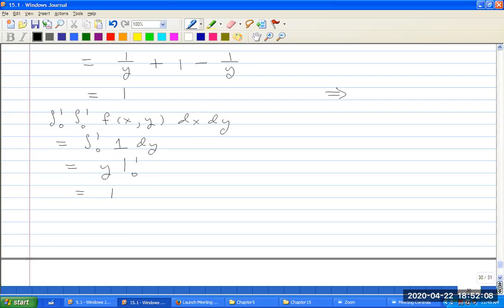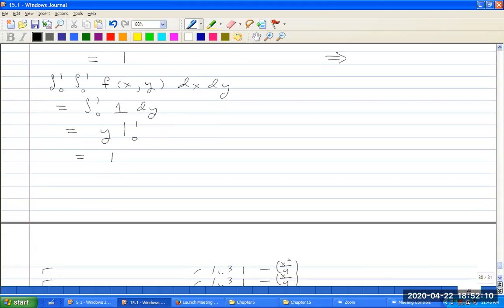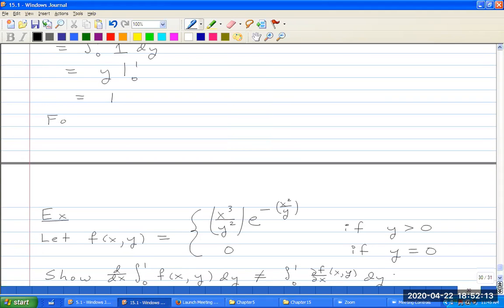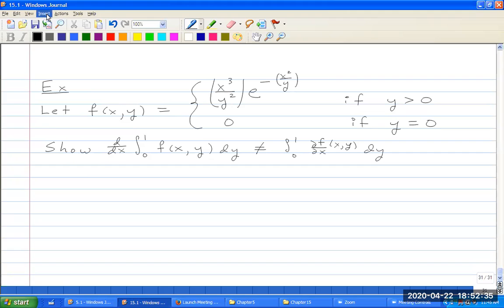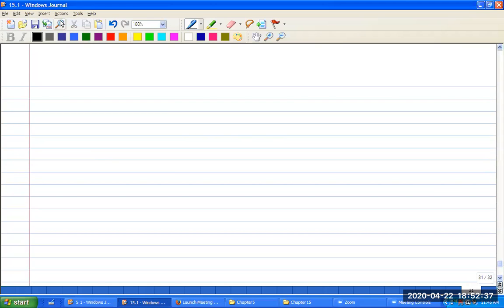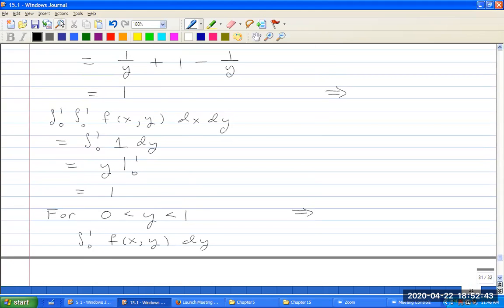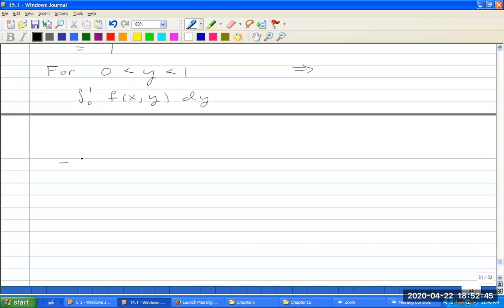Let's do the other way. So now, let's figure out what happens when y is between 0 and 1. Then the integral of f of x, y, dy. We already integrated first with respect to x. So now let's integrate with respect to y. So this is going to equal some integral.